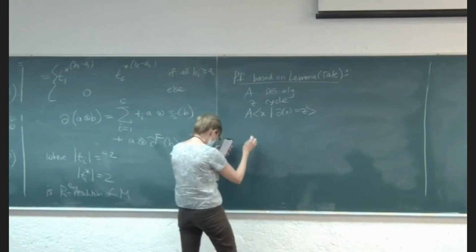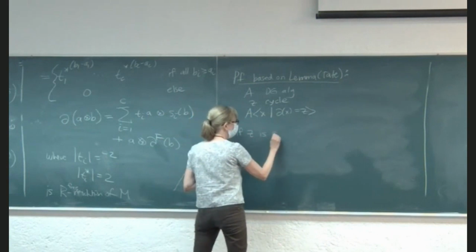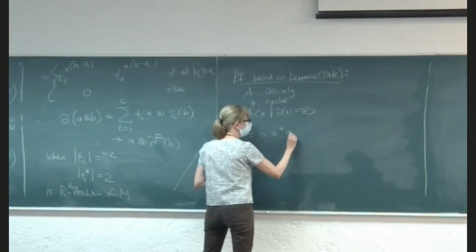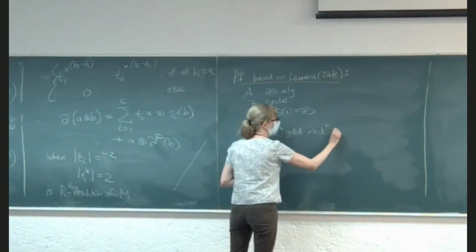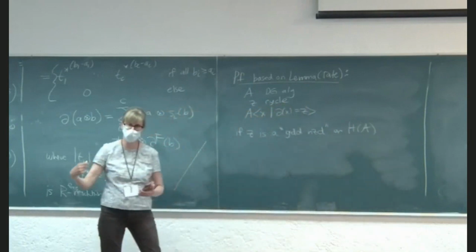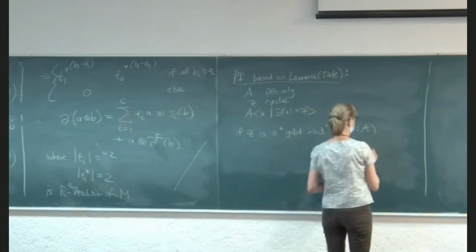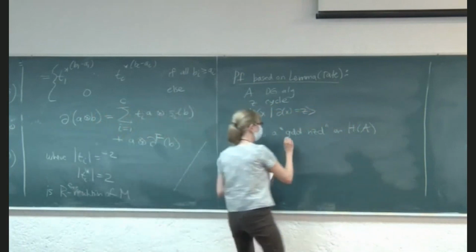But you need a hypothesis. So if the element Z is what's called a graded non-zero divisor on the homology of A, that's the entire direct sum of all the homologies of A. What does graded non-zero divisor mean?